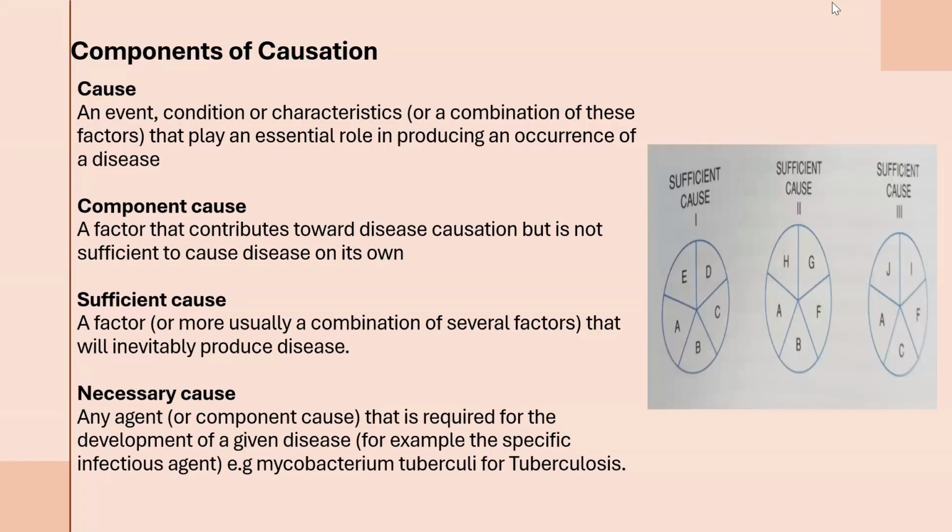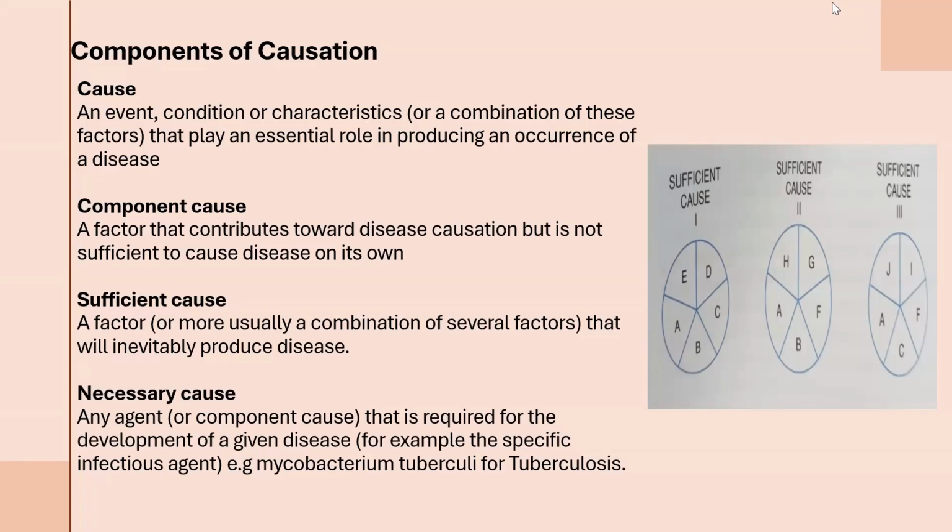So those are the three component causes. If you look at the diagram on the right, there are three different pie charts, and each of them has the letter A in it. So we can conveniently say that A is a necessary cause, because A has to be present in all of these in order for the disease to happen.